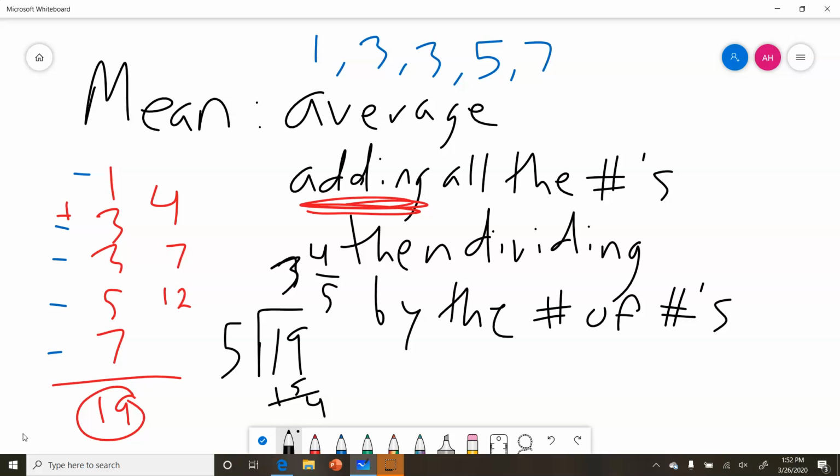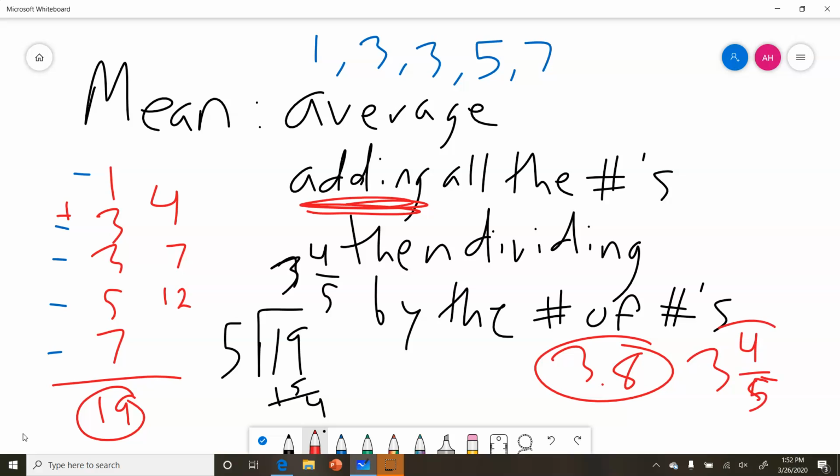If you did it as a decimal, the answer would be 3.8, or it would be 3 and 4 over 5. That is our average, okay? 3.8 or 3 and 4 over 5. The mean is the average.